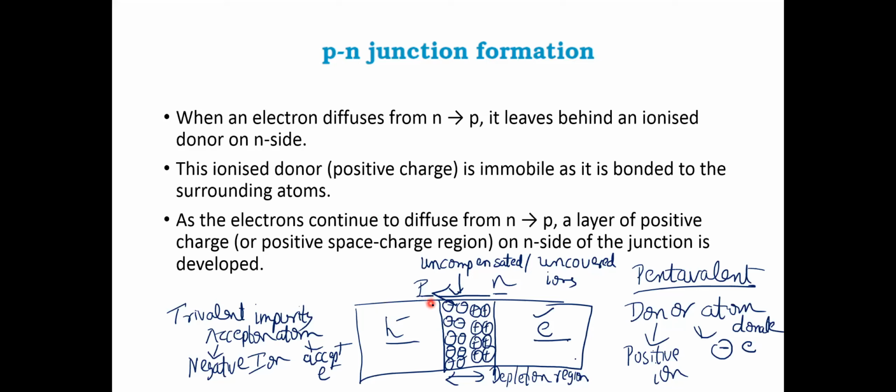So it's not that diffusion current becomes zero once the depletion region is formed. Diffusion current will still exist, but it will reduce. That is for sure. All right. So I hope it's clear why the depletion region does not occupy the entire P and N regions.